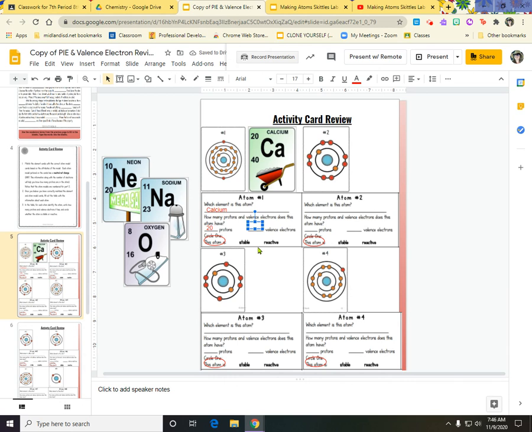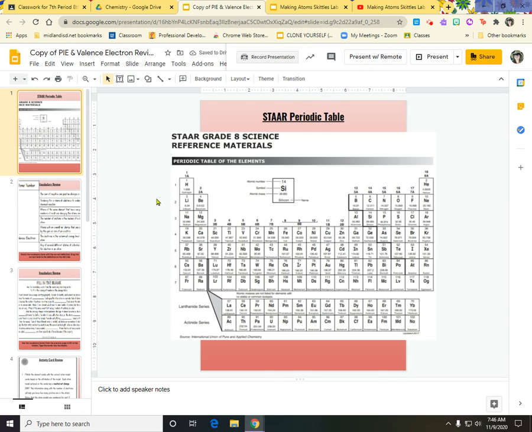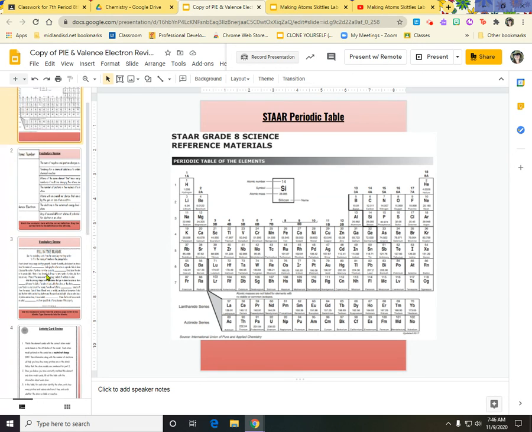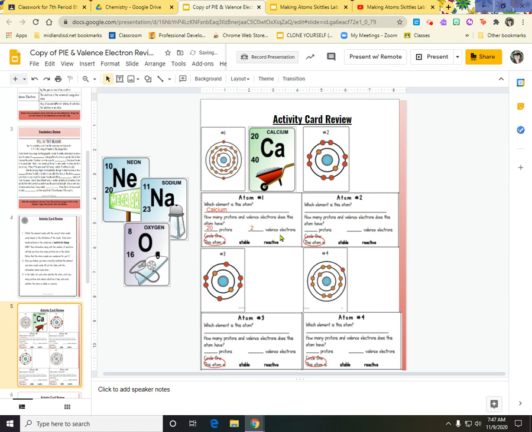Valence electrons, I can find this 2 ways, right? I can count the outside shell electrons. That gives me the valence. So 1, 2 are the valence. I can also look on my periodic table and say, okay, there's calcium right here. Calcium's in group 2 or 2A. That means 2 valence.